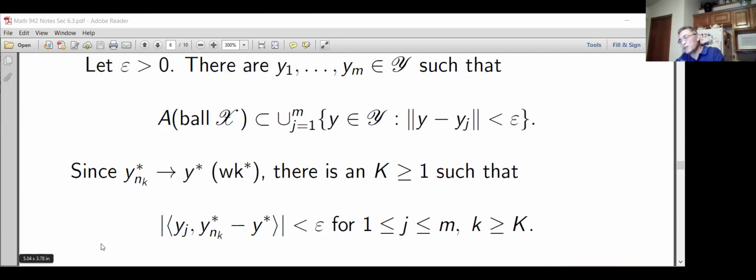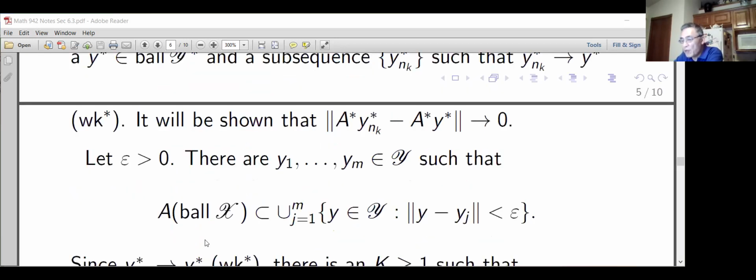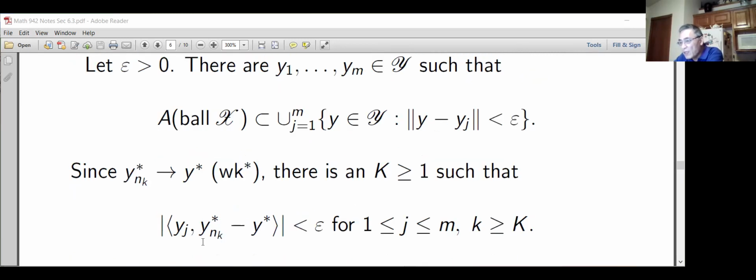Now let's look at the reasoning again. In order to show that our desired norm goes to 0, we would like to see that this functional applied to a general vector in the ball goes to 0 uniformly. If it is finitely many, then since for each one it goes to 0, for finitely many it goes to 0 uniformly.